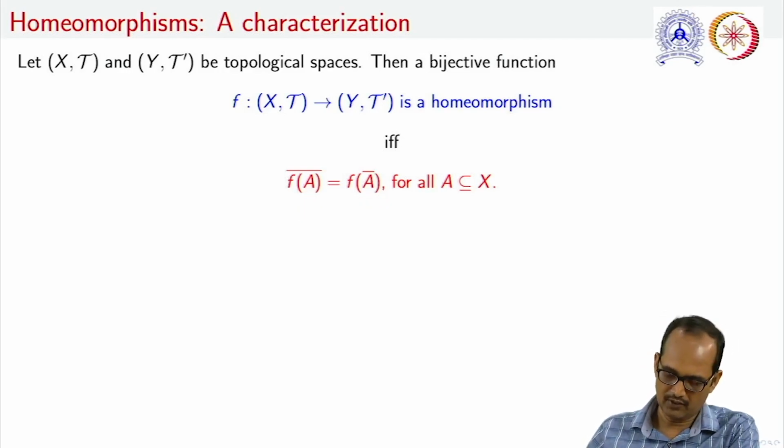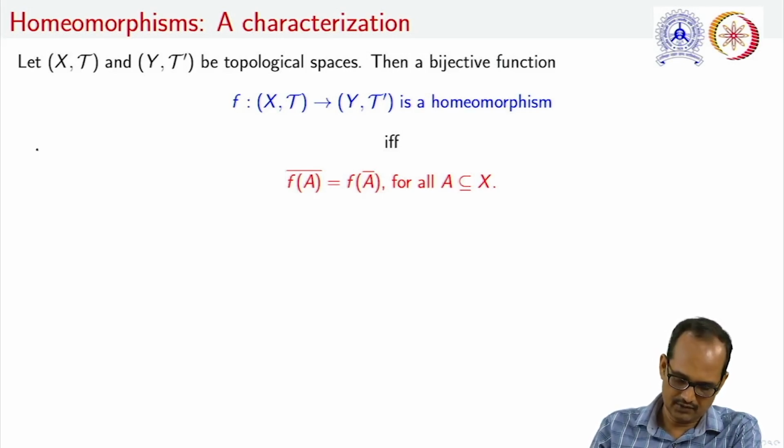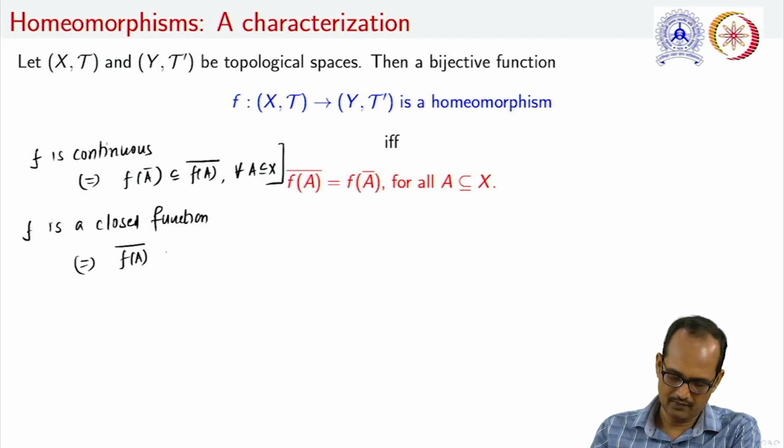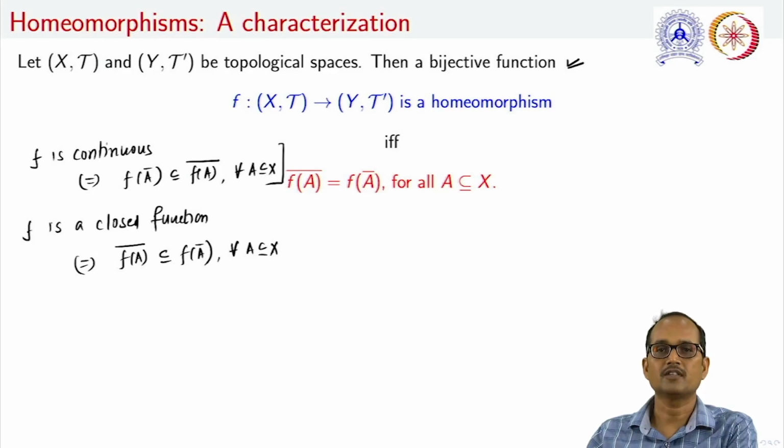Note that what we have already studied, we have seen that the function f is continuous if and only if f of closure of A is a subset of closure of f(A) for all A subset of X. Also, we have seen that f is a closed function if and only if closure of f(A) is a subset of f of closure of A for all A subset of X. Note that we have already assumed that the function is bijective.